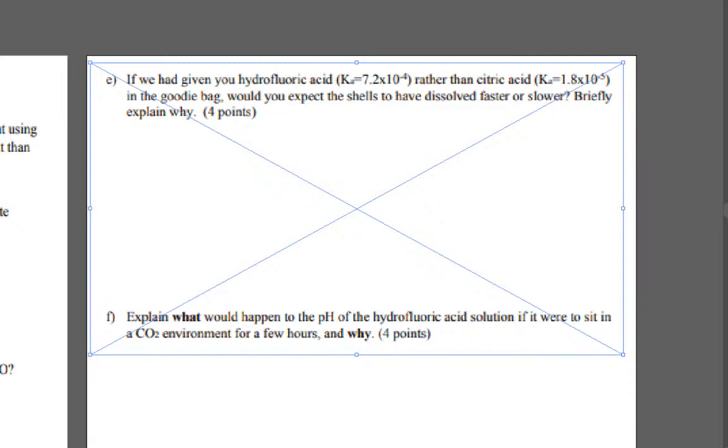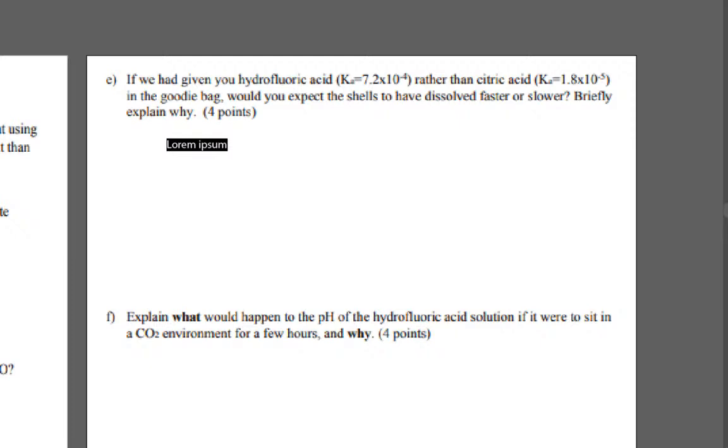And then the acidity is actually higher, because hydrofluoric acid is much more acidic than citric acid. It's almost like 10 times. No, it is like 2 times. So I would say faster because it is much more acidic.